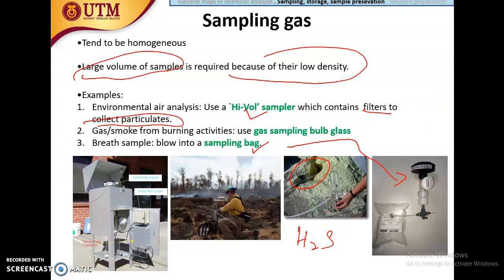After you sample, what should you do? You put it inside a specific container, maybe a glass vial with septa. Septa is like a cap containing a rubber face, whereby when the needle syringe goes in and then goes out again, it will not leave any big hole.